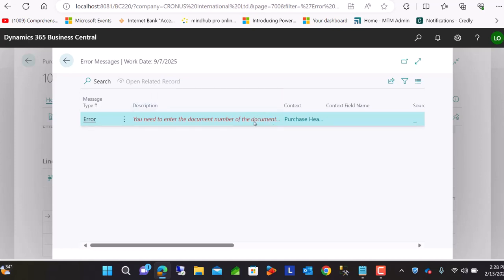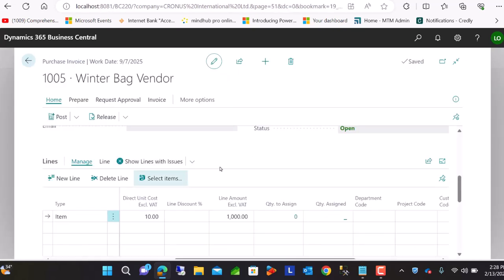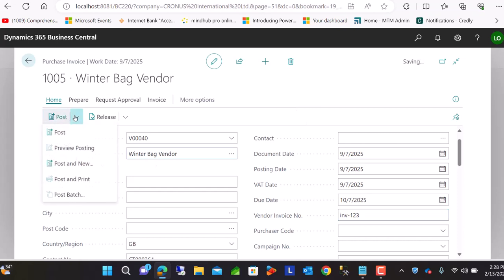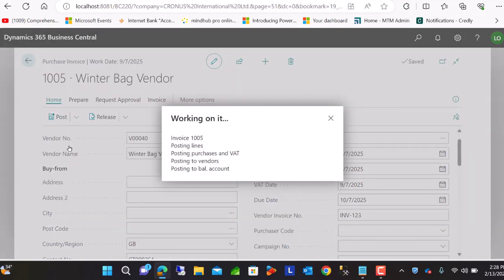Okay, document number. That is one of the reasons that the post preview is good. It can tell you there's an error, then you can quickly fix that before the item is posted. So I've inserted the vendor invoice number. Let me preview once again. I think it's cool.